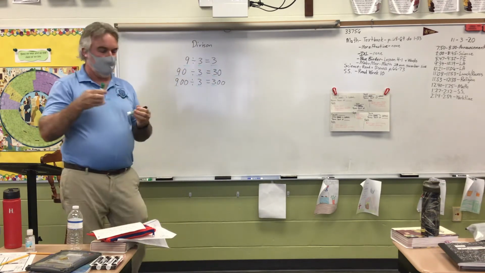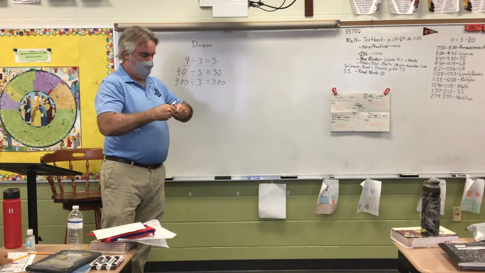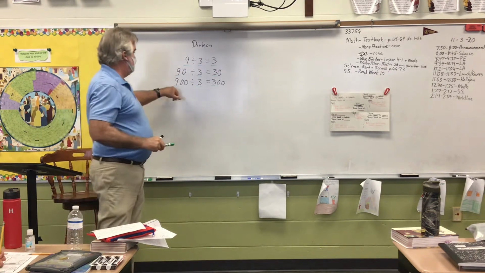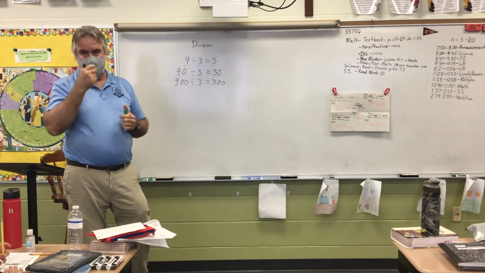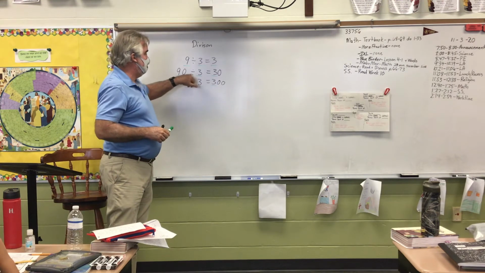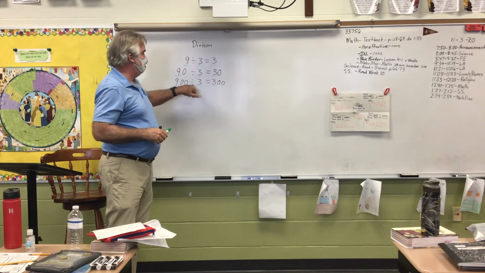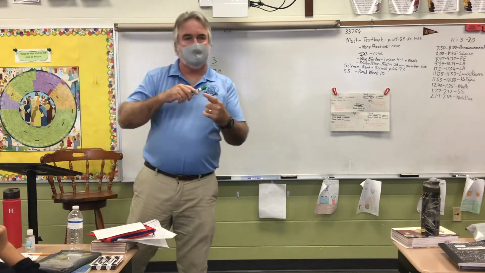I underlined those in green. This is just your basic fact. 9 divided by 3 is 3. Okay? If you look, next I have a 0 left over, so I bring the 0 over. Here I've got 2 left over, so I bring them both over. This is where it changes just a little bit.